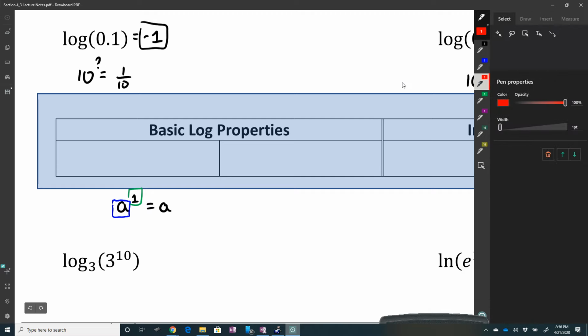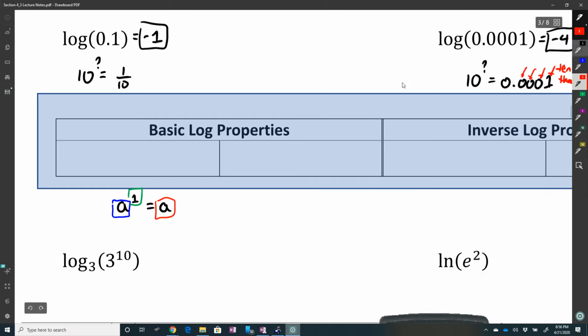And here's my answer. So I can write this as a log. Log base a, the answer goes on the inside, of a equals 1. Log base a of a equals 1. That's just a generic rule. I'm going to highlight over these in black now.